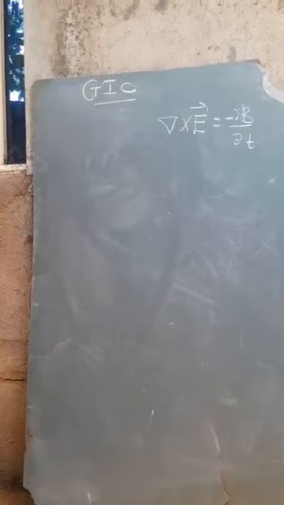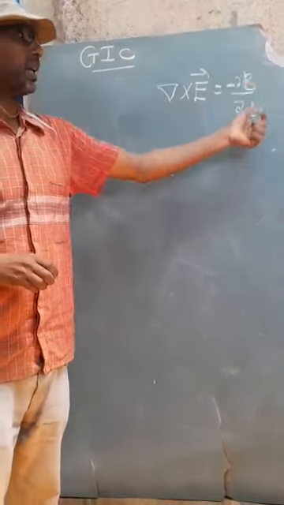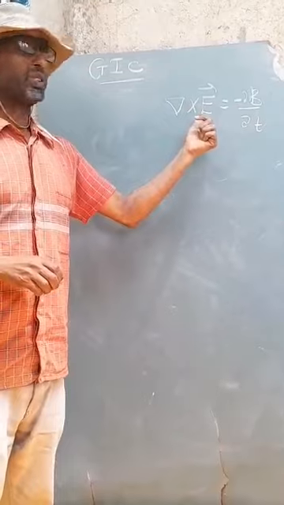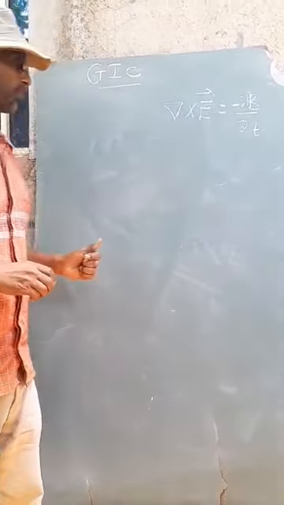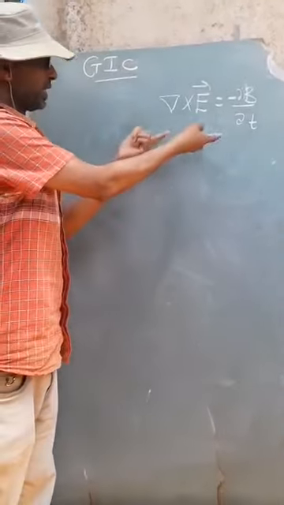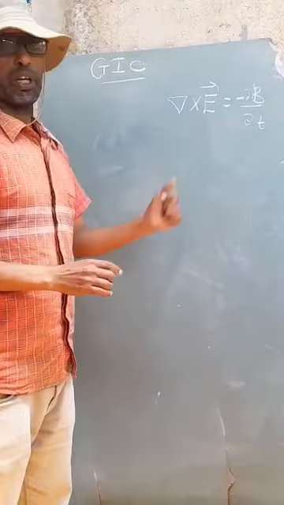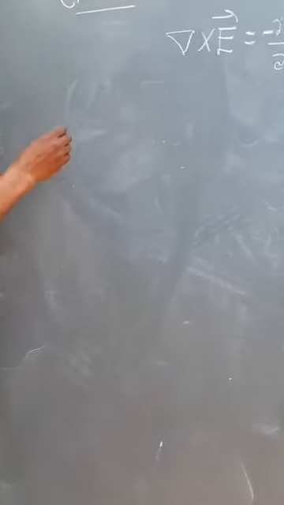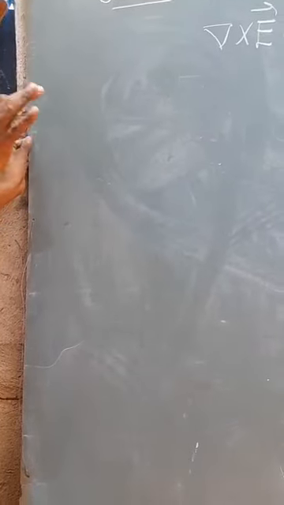This is the known Faraday's law, which relates variation in magnetic field to the induced geoelectric field. So by solving this differential equation, we will get the geoelectric field variation.